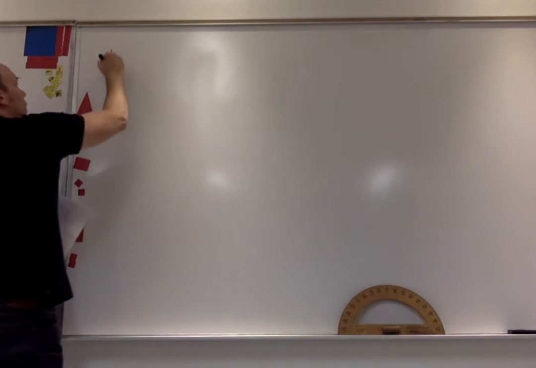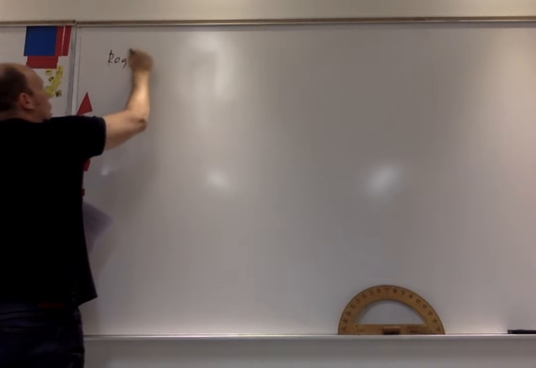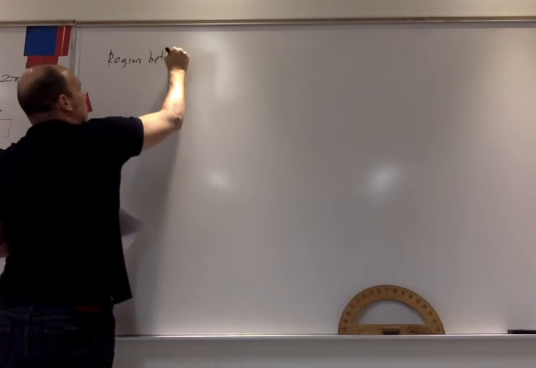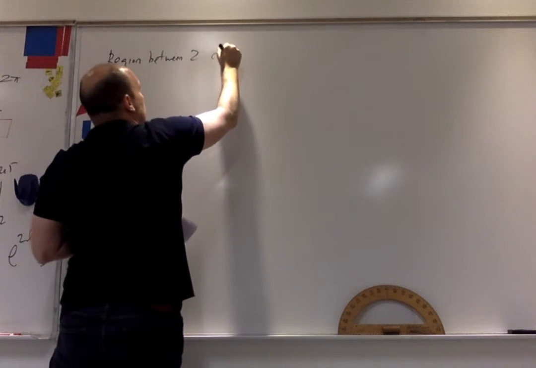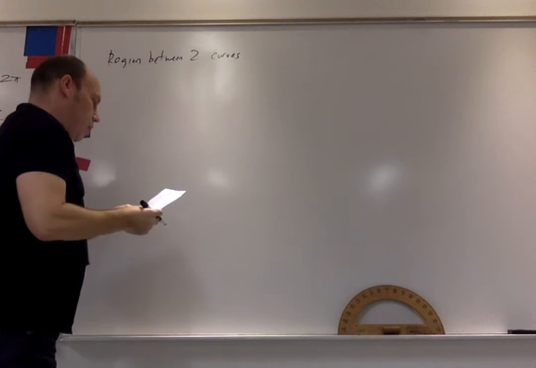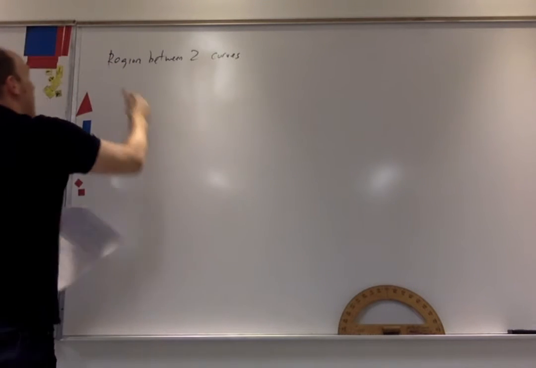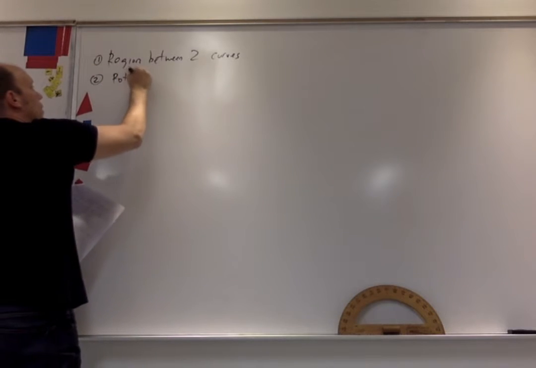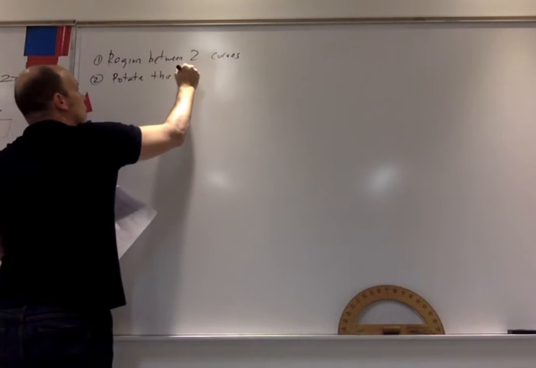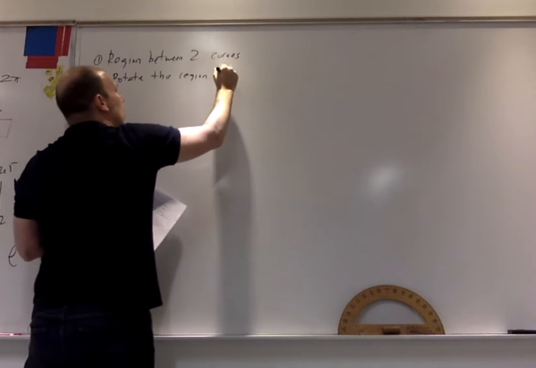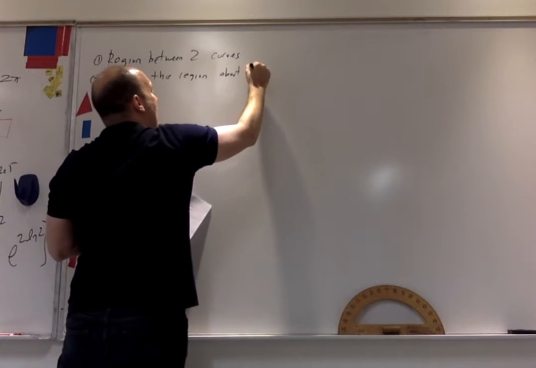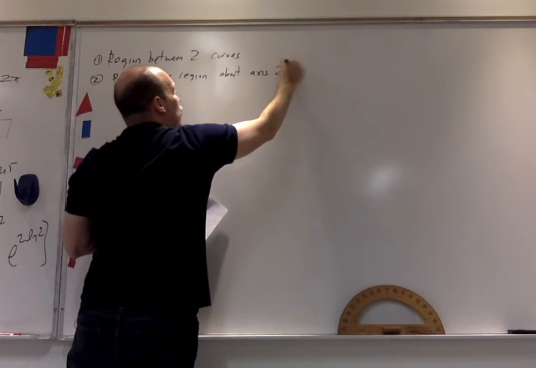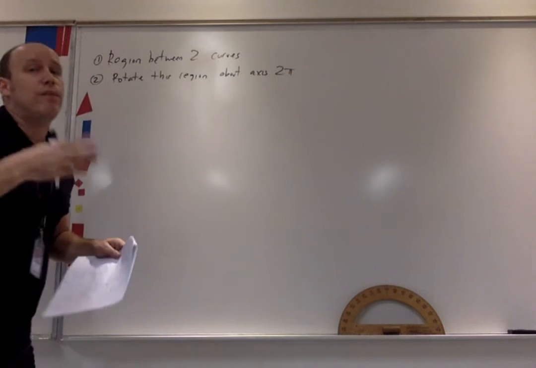So you're going to find the region between 2 curves, right? And then second, rotate this region about the axis, 360 degrees, and find the volume.